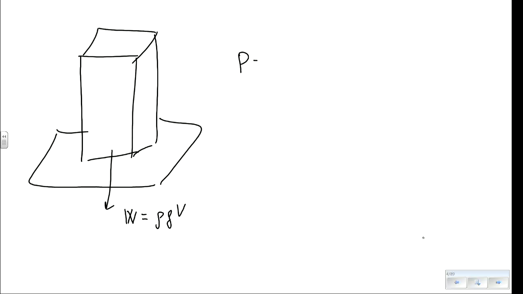And the pressure, by definition, is the force applied to 1 square meter of a surface. So in this situation, to calculate the force, we use this equation, and the pressure is force over area.